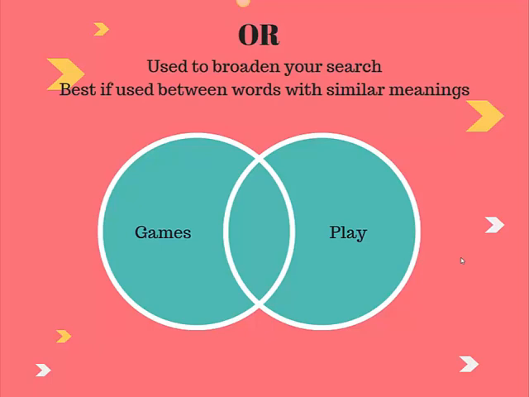This can also work really well for certain words that have very common acronyms. For example, maybe you're studying the autism spectrum disorder. So you would want to use autism, or autism spectrum disorder, or ASD. That way you don't lose a good source just because they refer to ASD in one way versus another.